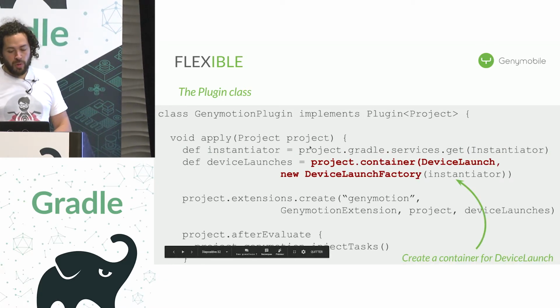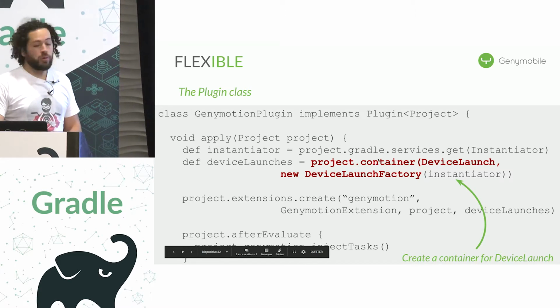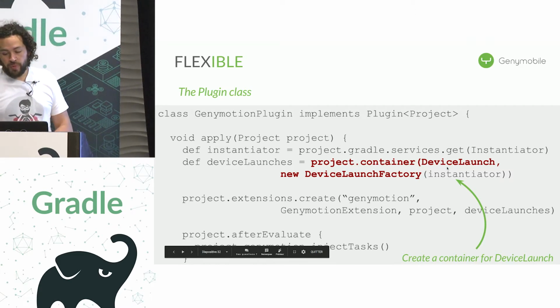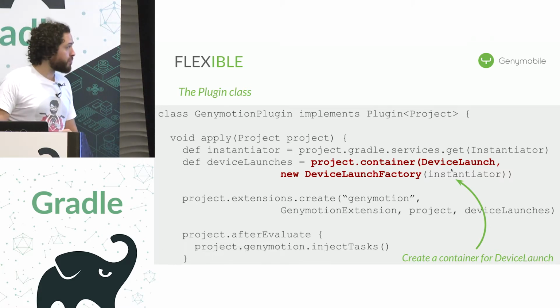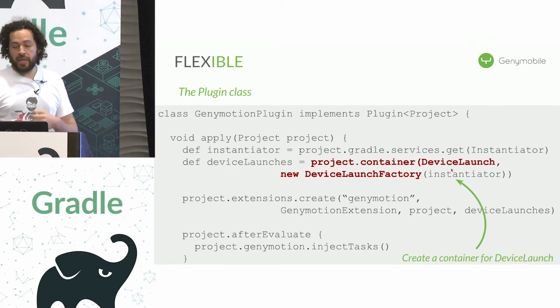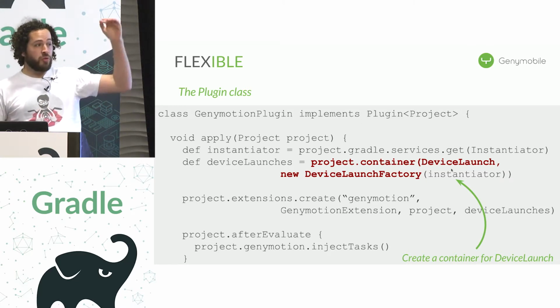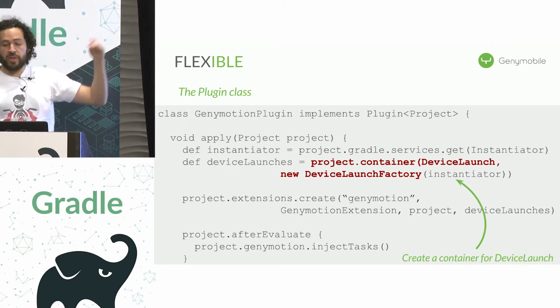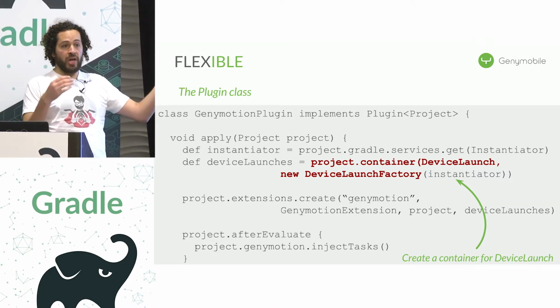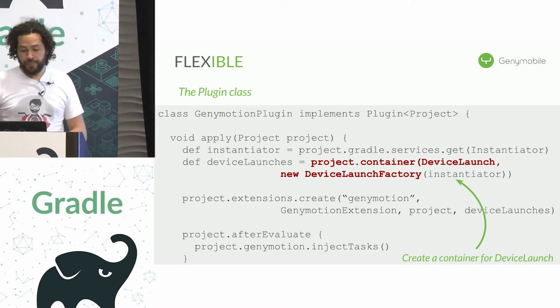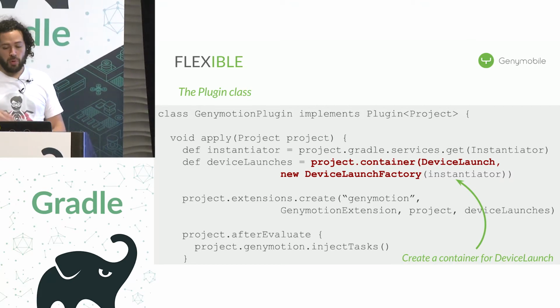Then on your project, there is a method which is called container, where you fill the type of object you want to create automatically. And in our case, each time we have a new device declared, what we want to create is a device launch, because for each device you will have a launch that will be programmed.